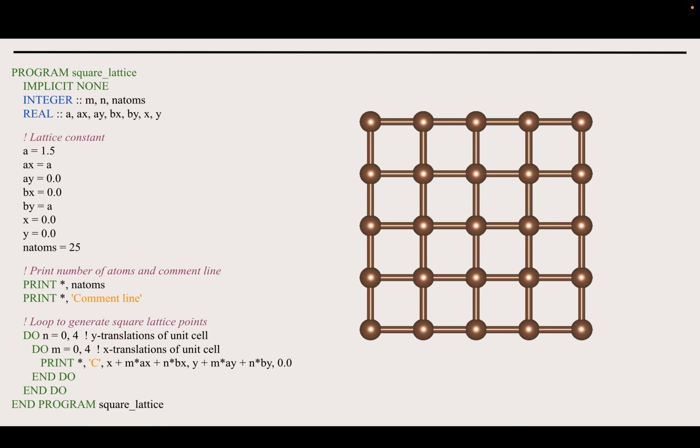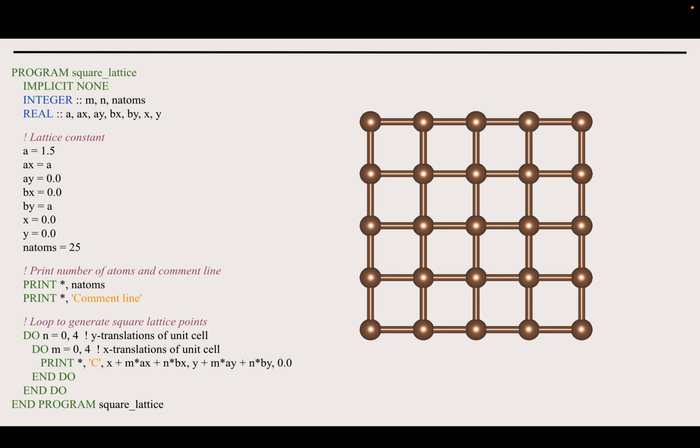Here you can see that our program starts with square lattice, and here we have taken some integer type variables: m, n, and the number of atoms, n atoms. And the real data type variables we have taken are ax, ay, bx, by, x, and y.